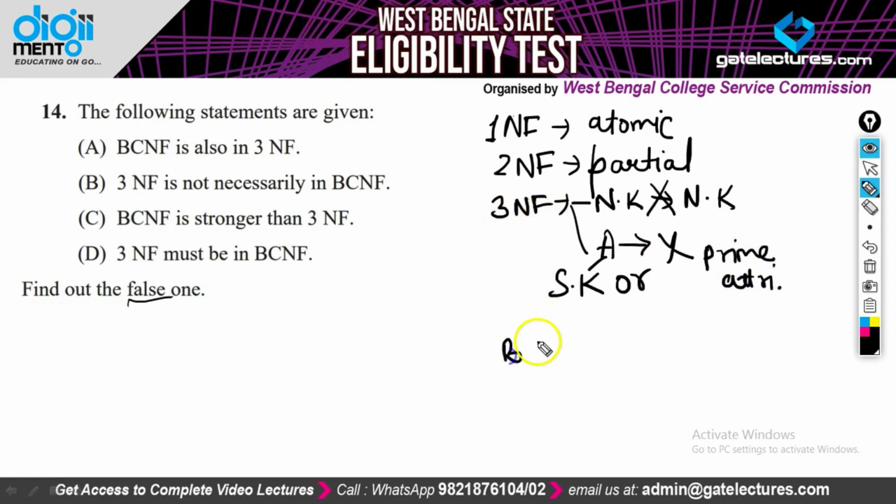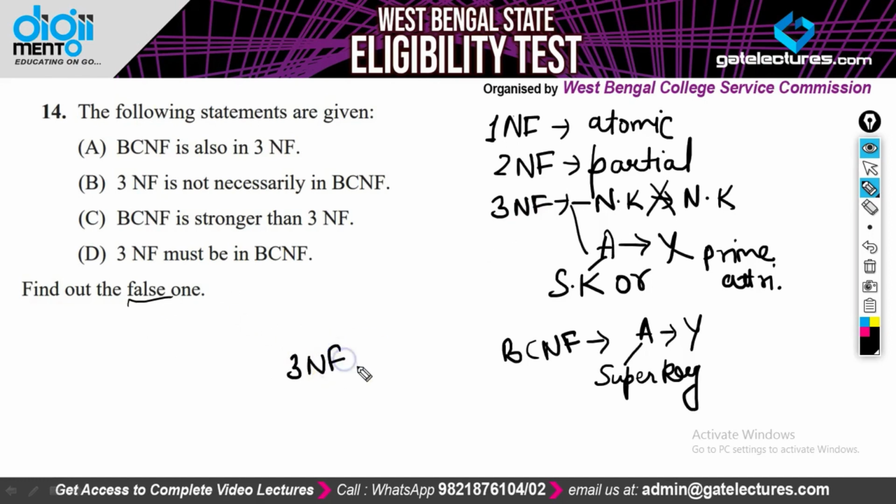Then comes BCNF, a slight modification of 3 normal form, which says that if there is a dependency given as A → Y, then A should be a super key, and that's all. It doesn't talk about the prime attribute on the other side. So we can say that BCNF is stricter than 3NF, right?